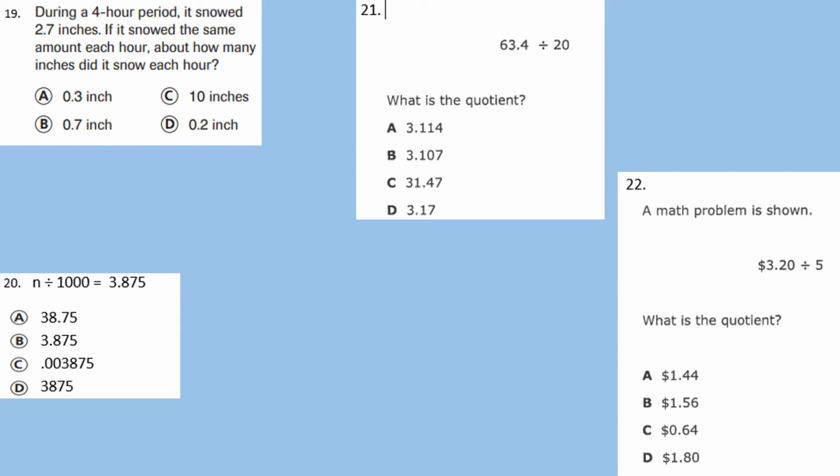19. During a 4-hour period, it snowed 2 7/10 inches. It snowed the same amount each hour. About how many inches did it snow each hour? So I heard the word about. Well, this is one of those tricky questions because what am I estimating here? Well, I know that 2 7/10, if I count by 4s, 4, 8, 12, 16, 20, 24, 28. Which one of these numbers is closer to 27?